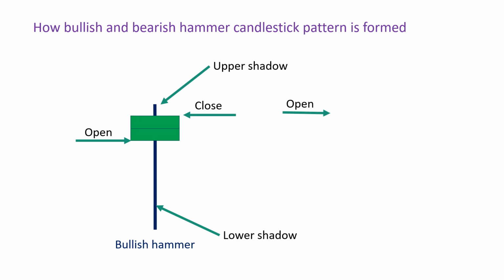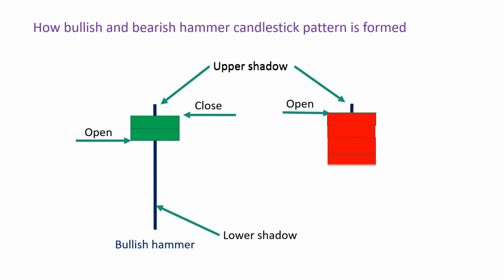Now let's assume the market again opens at this point, and the price goes up. As soon as it goes up, it is suddenly rejected by the sellers in the market, and the sellers push the price lower, leaving an upper shadow.